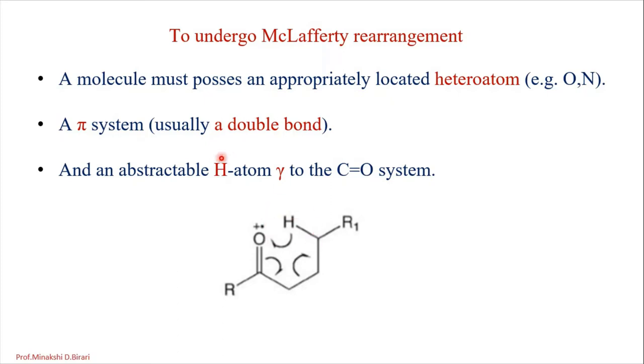Those are the important conditions to undergo McLafferty rearrangement. A molecule having a heteroatom, a pi system, and an abstractable hydrogen atom gamma to the carbonyl system. Only those molecules can undergo the McLafferty rearrangement.